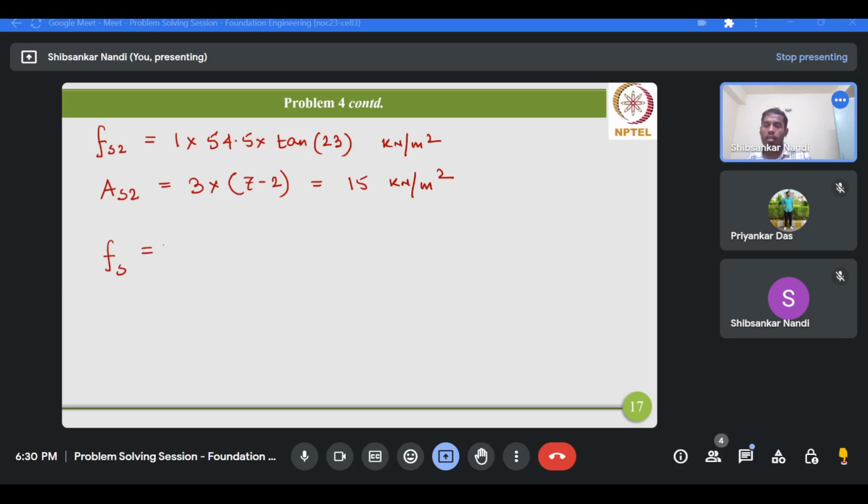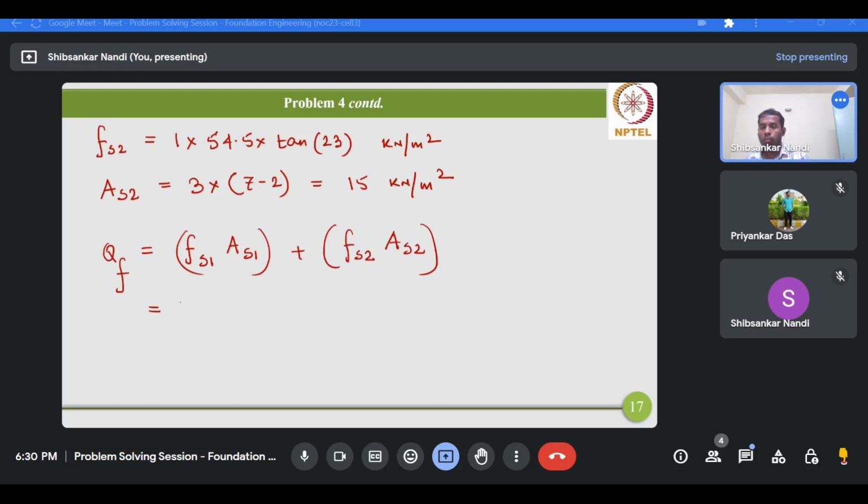skin friction resistance mobilized, okay, so this is QF. This will be FS1 AS1 plus FS2 AS2.